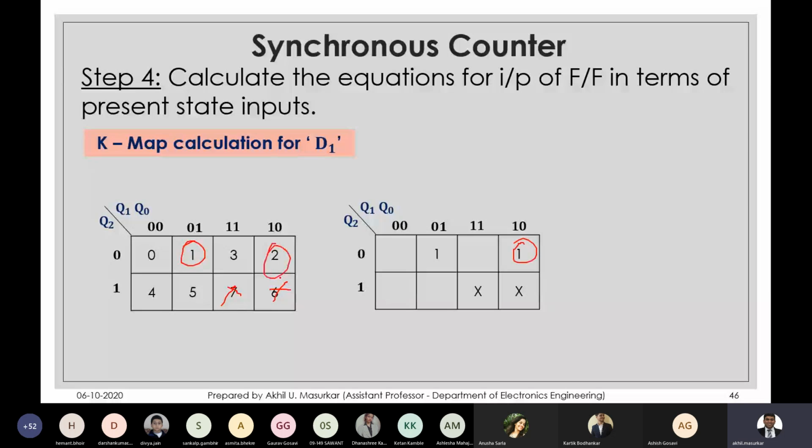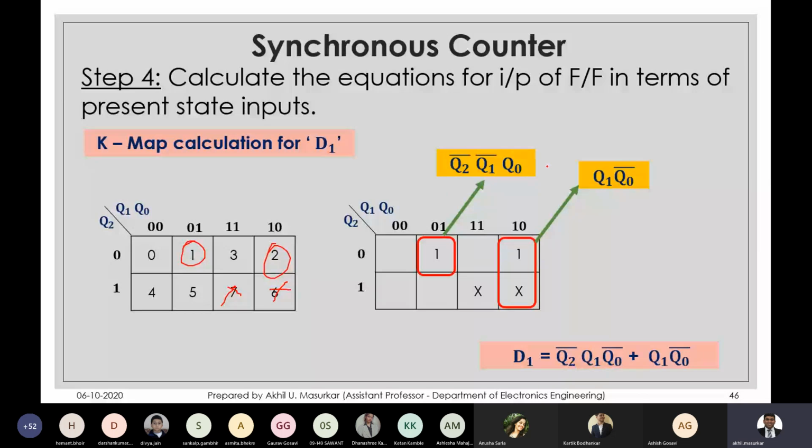So here you can simply have one pair like this and one isolated cell. There is no pair possible. So here we'll have Q1, Q0 bar, and this is Q2 bar, Q1 bar, and Q0. So that is my D1.